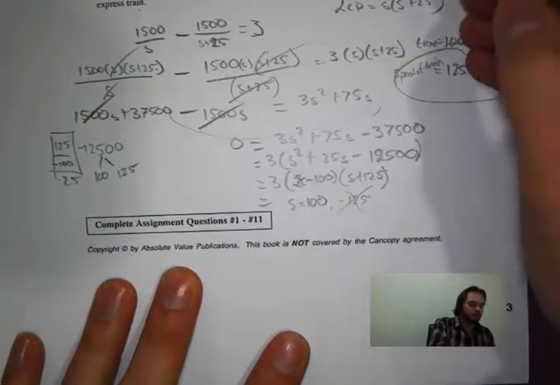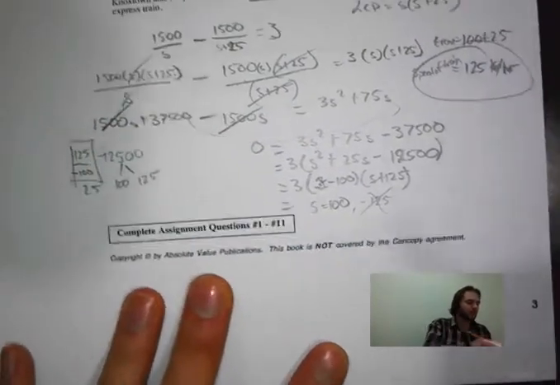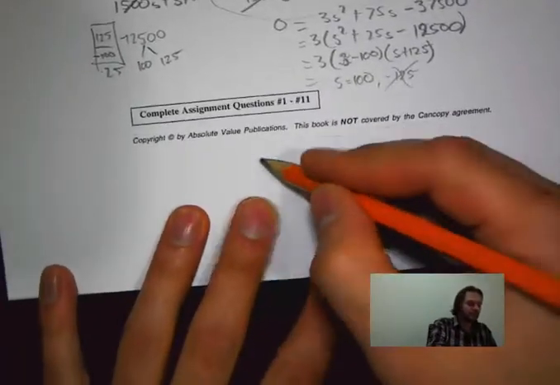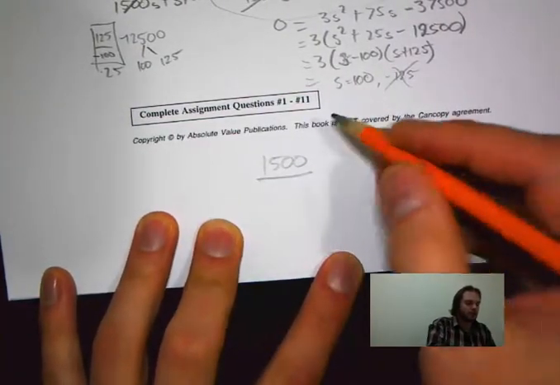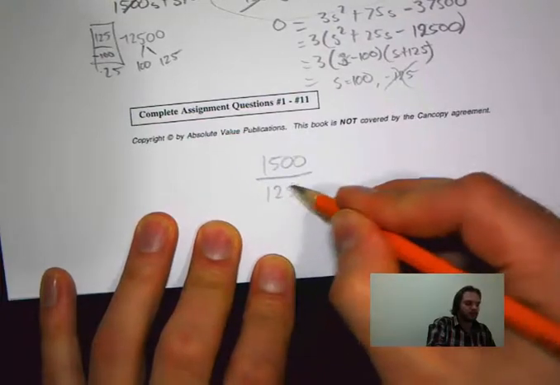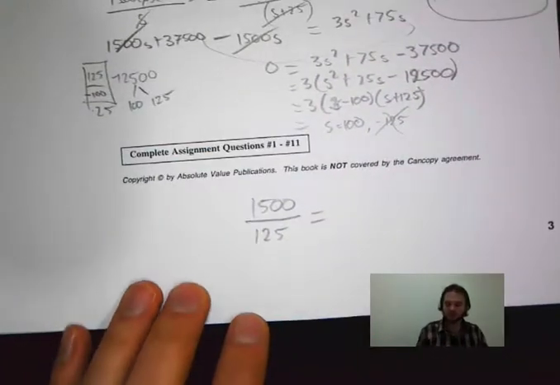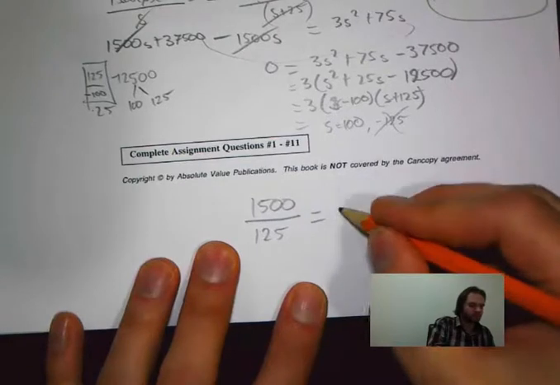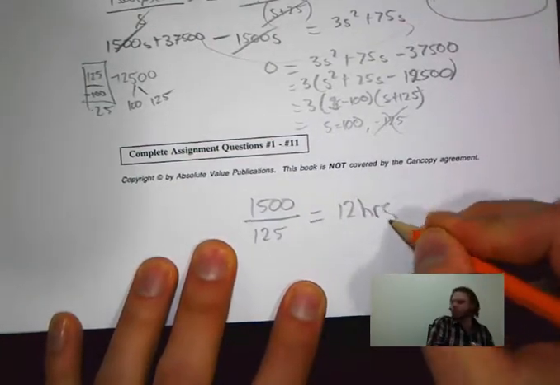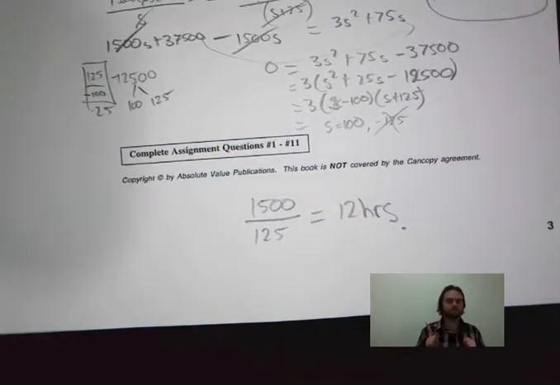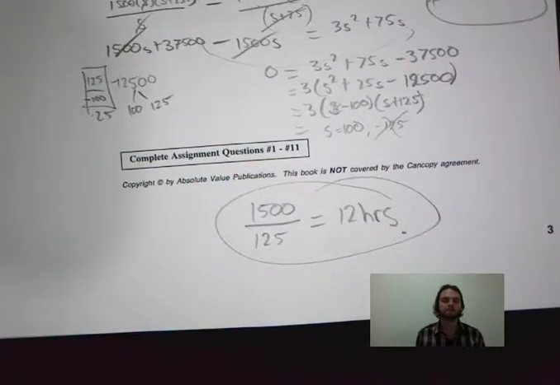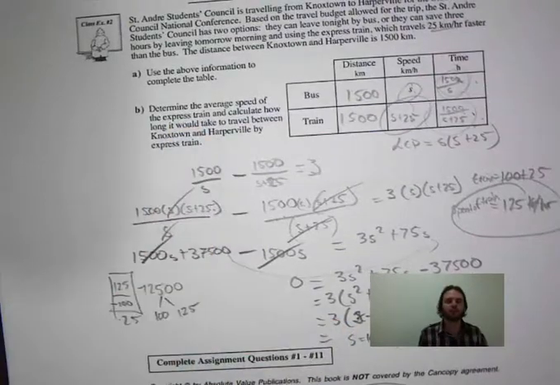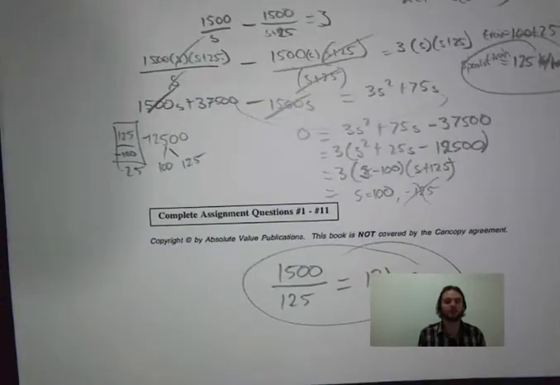So what do I have to do? 1,500 divided by the train speed of 125 will give me 12 hours, I believe. And that's everything. Okay, I almost forgot. Good thing I reread that question because I almost forgot to answer the total question, which was how long does it take by train? So there's everything.